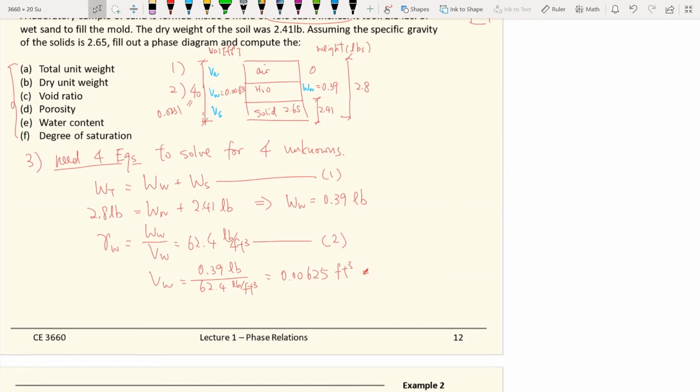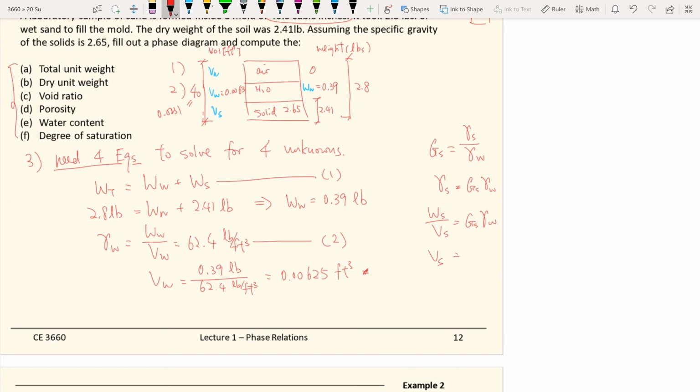And the third equation we can use, again, think about the G sub S. G sub S equals the unit weight of solid divided by the unit weight of water. So the unit weight of solid equals G sub S times gamma W, and the unit weight of solid equals the weight of solid divided by the volume of solid, which equals G sub S times gamma W. What we try to solve for now is the volume of solid.